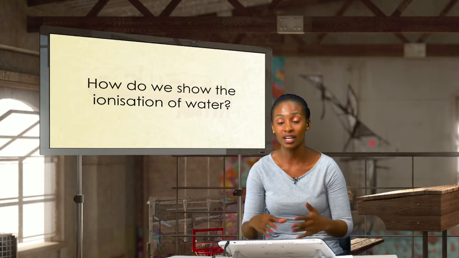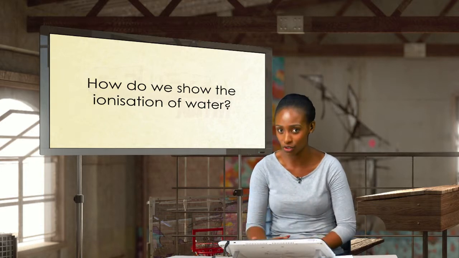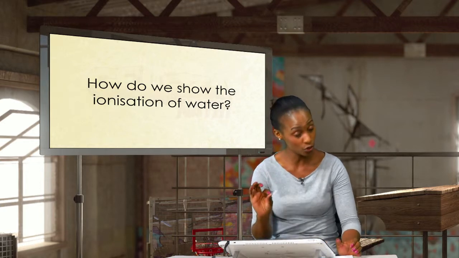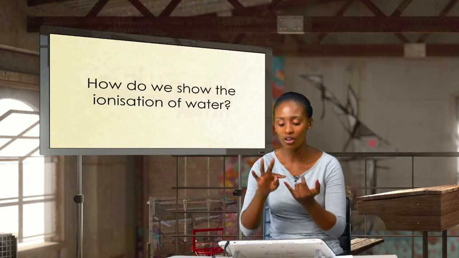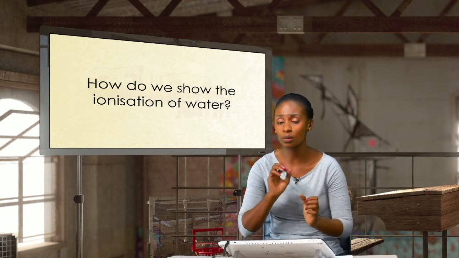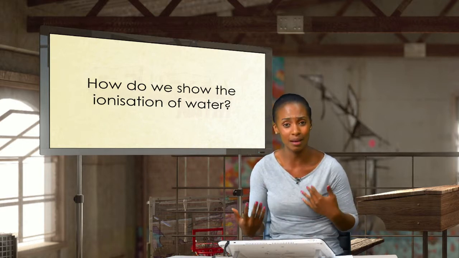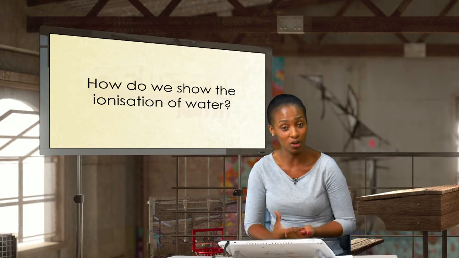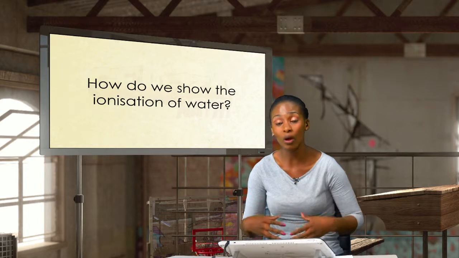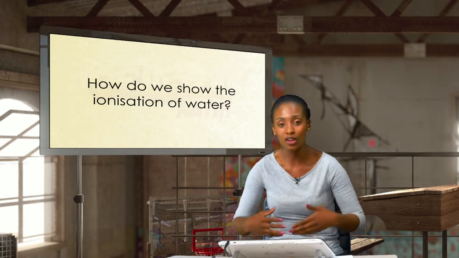And how do you calculate the pH of a solution? I'm going to give you some tips on the things you need to know when preparing for your tests and exams, and then we do some examples.